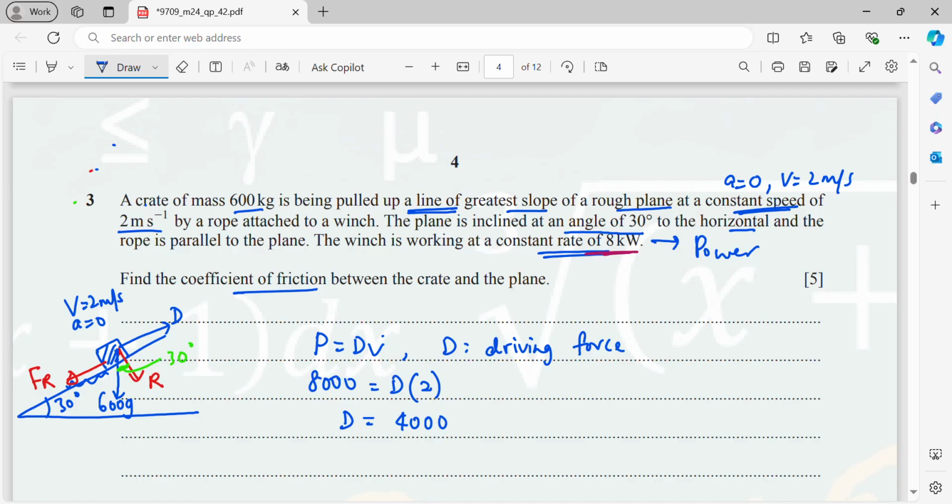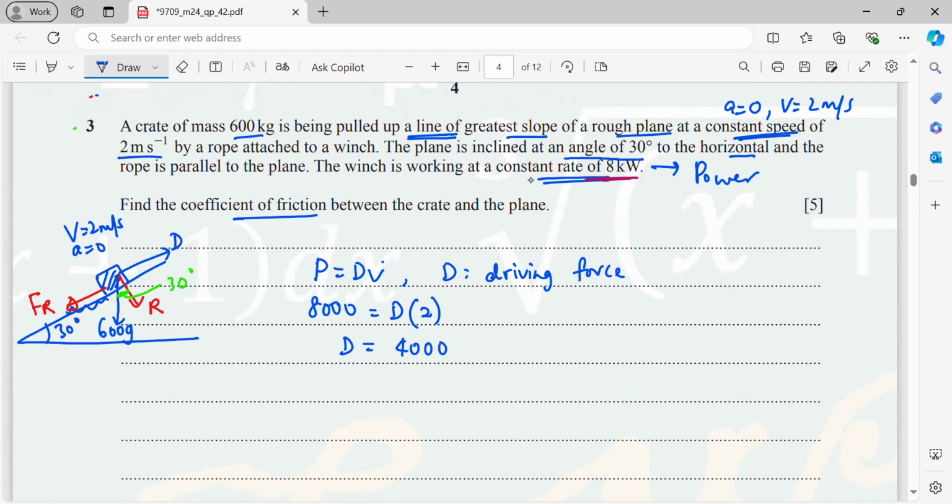Okay, so now to get the frictional force, to get the coefficient of friction, this is the mu, because your F equals Fr equals mu R. Then now, since this crate is moving up, I will use Newton's second law, whereby a equals 0 because of constant speed.